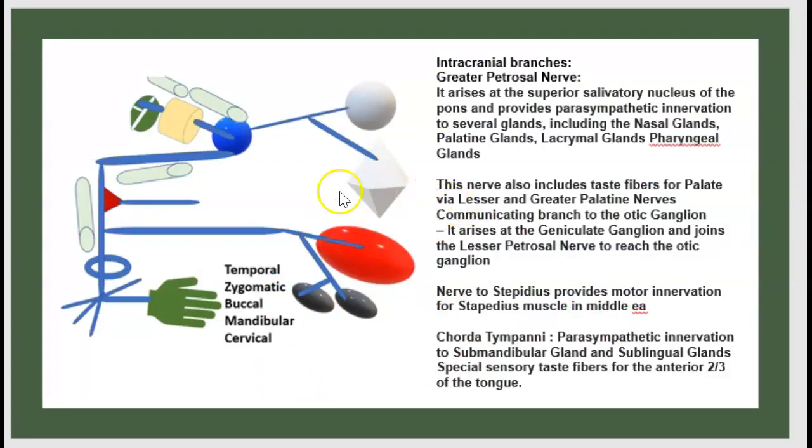What are the intracranial branches of the facial nerve? There is the greater petrosal nerve, the nerve for stapedius, providing the stapedial muscle, and chorda tympani.